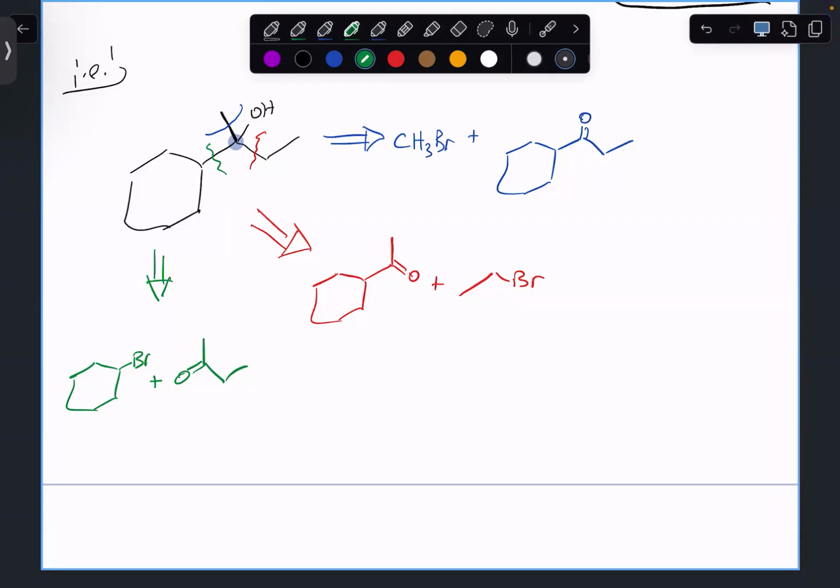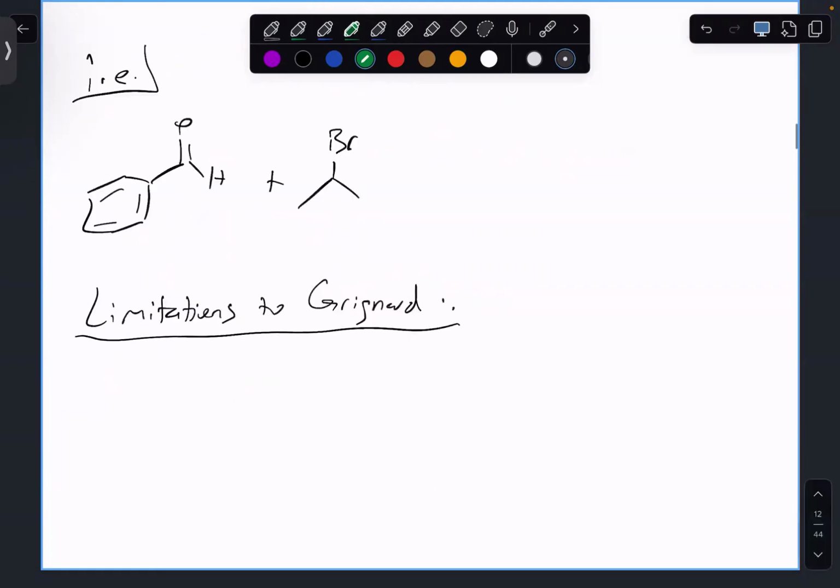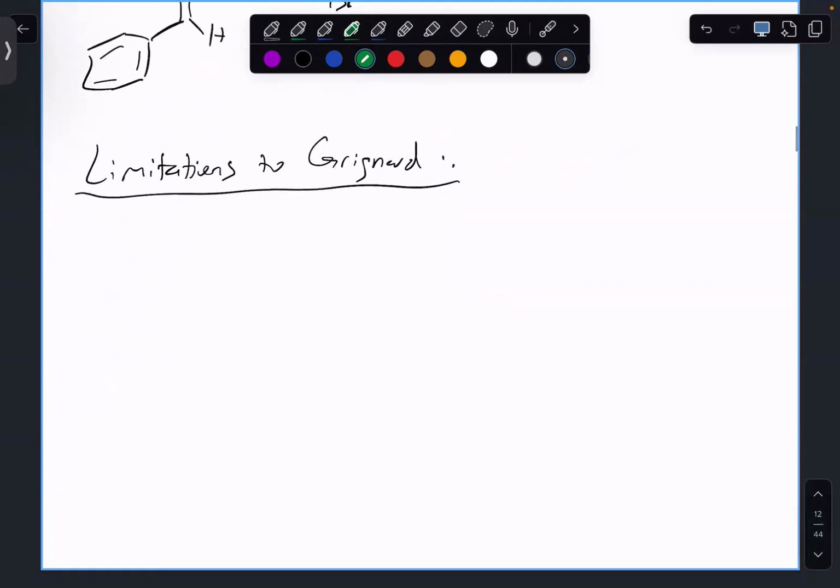Now, the Grignard is great, but there are some significant limitations you should be aware of. First and foremost, this is the most common pitfall that I see when people try to use Grignard reactions in their synthesis.